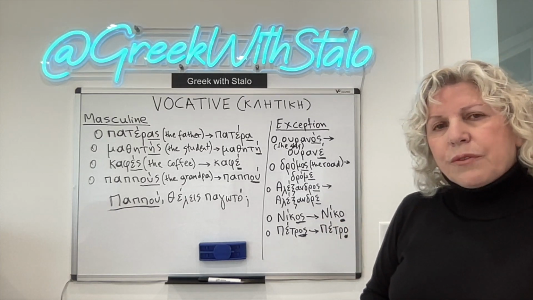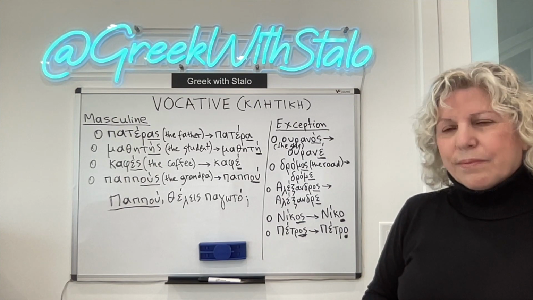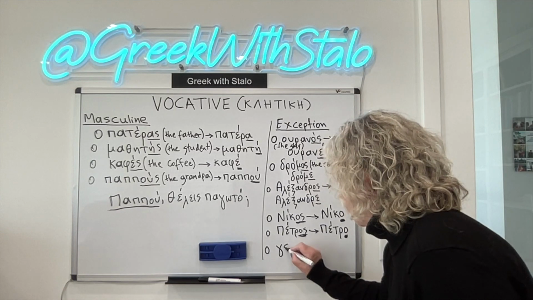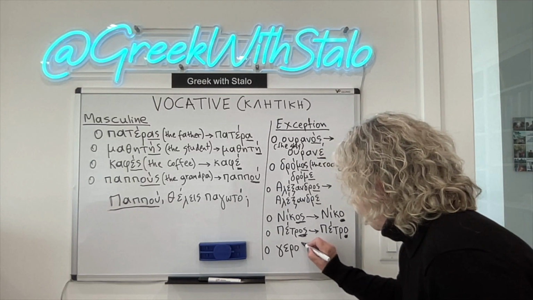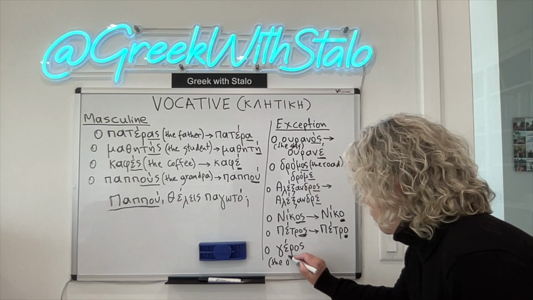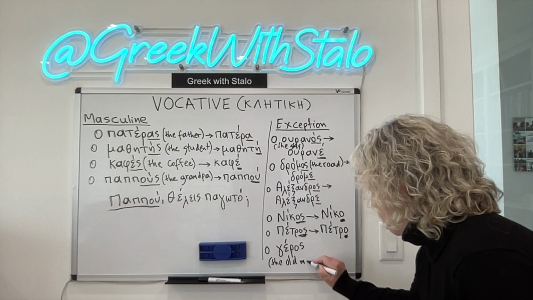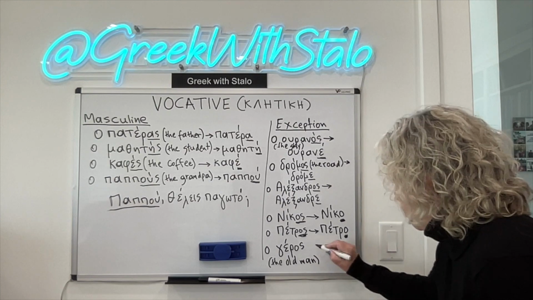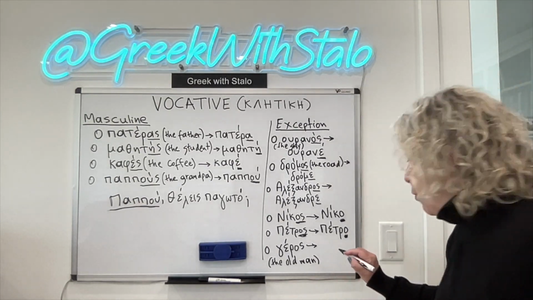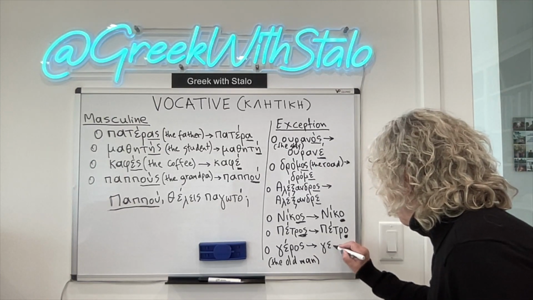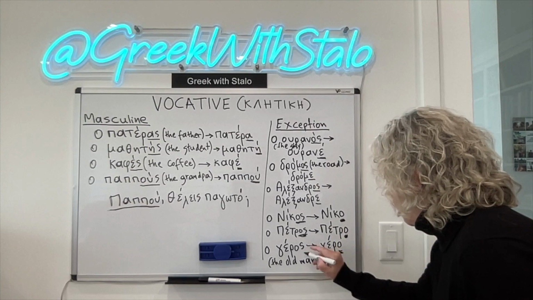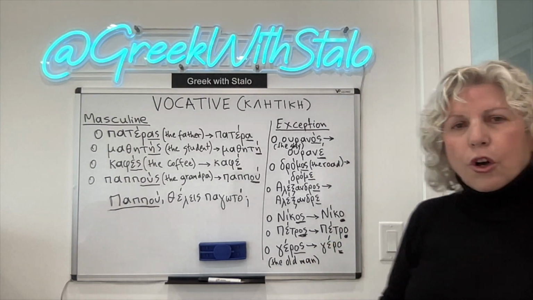They are nouns that have to do with people. Like, for example, ο γέρος. It means the old man. The vocative is γέρο. Not γέρε.